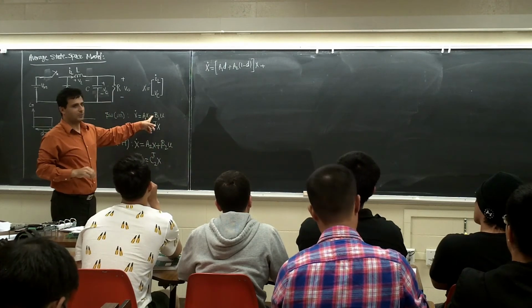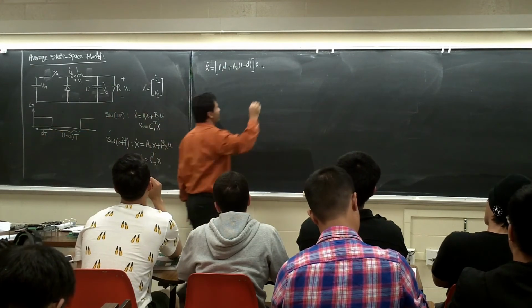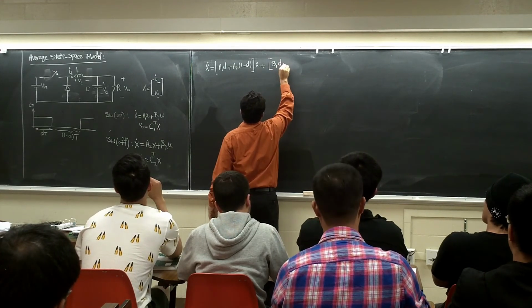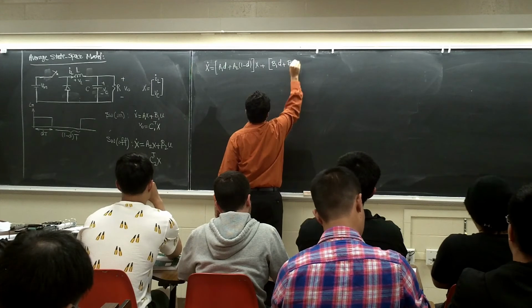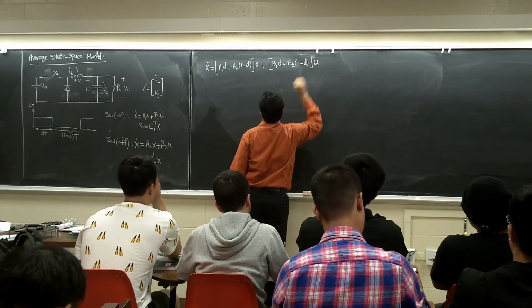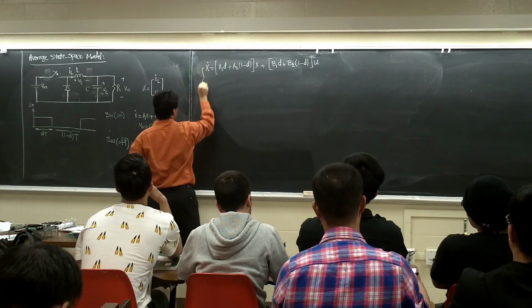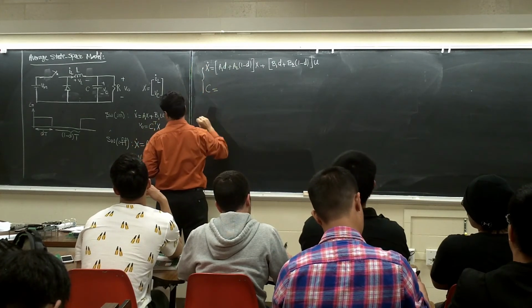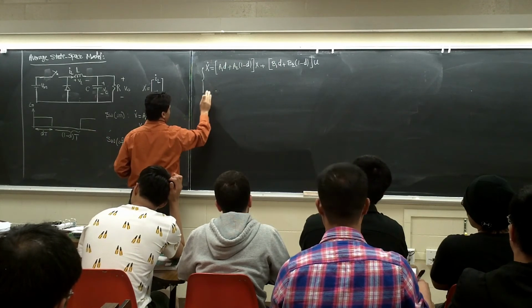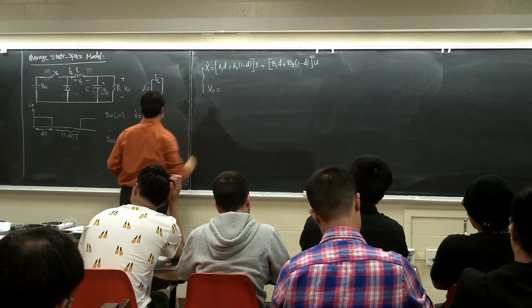Plus, come here, how much do I have B1? Plus, how about C? Which here is basically the VO side. How about VO?